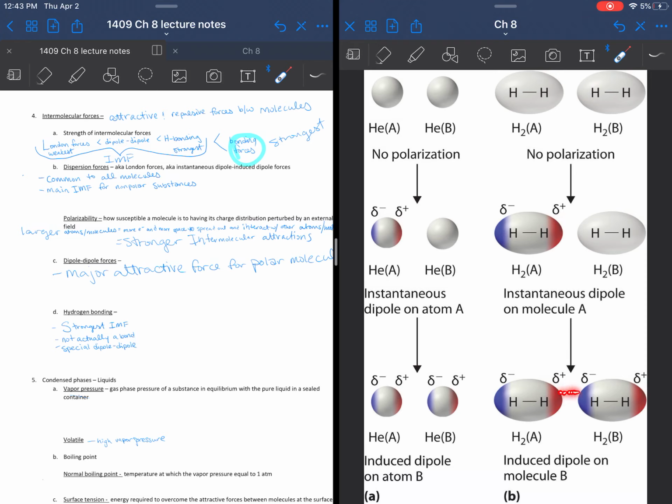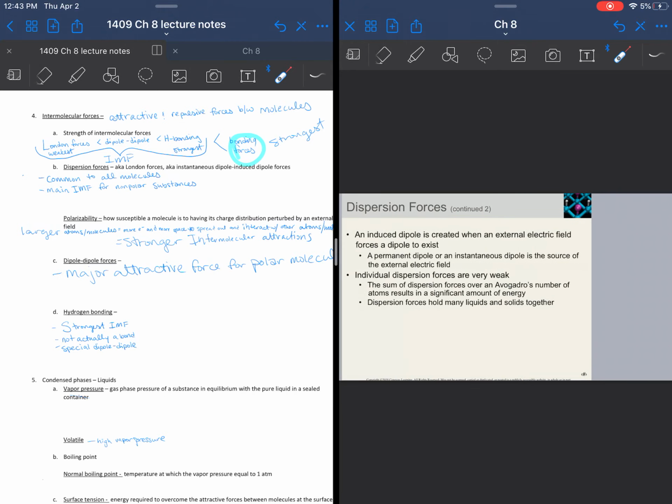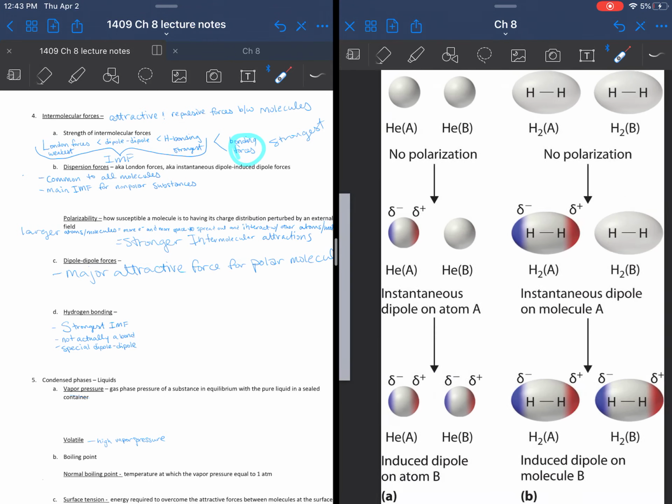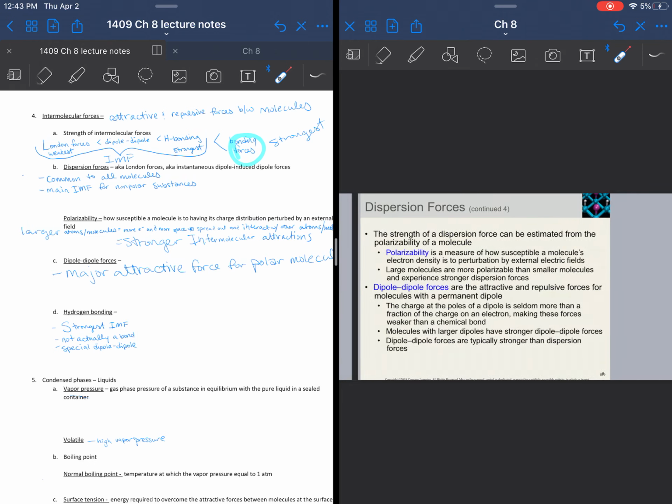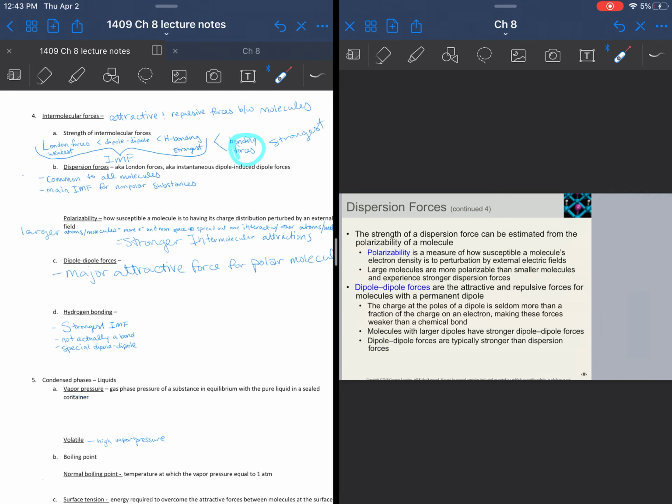So then when you have these little instantaneous or temporary partial charges, you are going to get an attraction between the positive and the negative sides of two different atoms or molecules. This is going to be additive. So something called polarizability comes into play here.